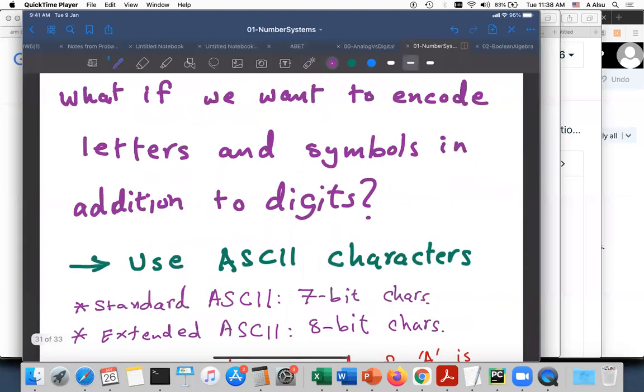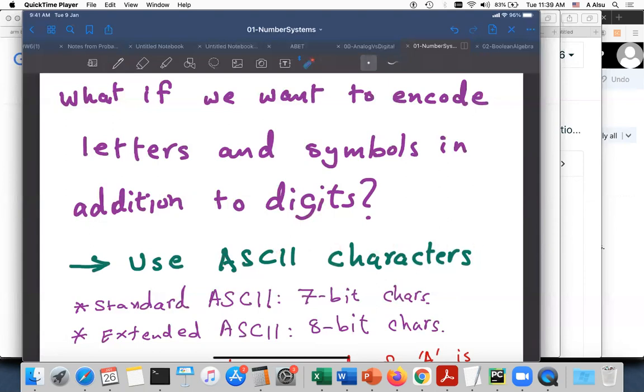So now the question is, if in addition to digits we also want to encode letters and symbols, then what do we use? We use what is called the ASCII standard, or ASCII characters.